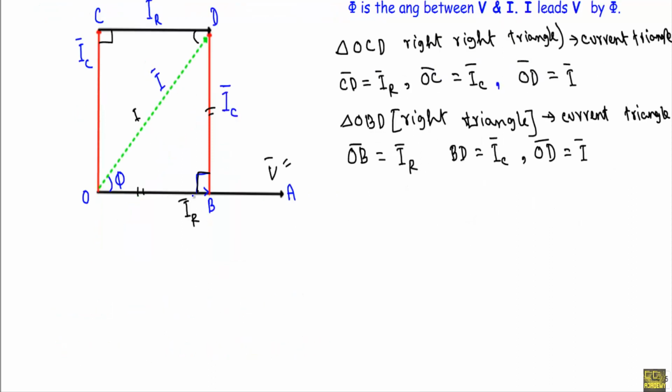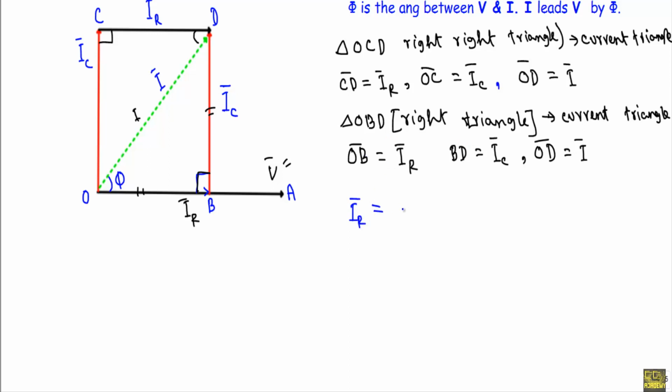Now I will show you how to draw the admittance diagram from these current triangles. See, in case of this OBD right triangle, OB is equal to IR.